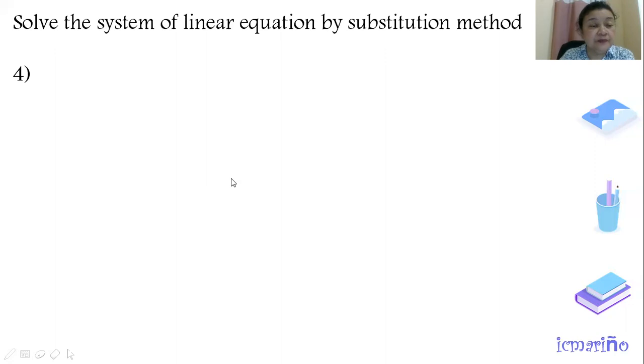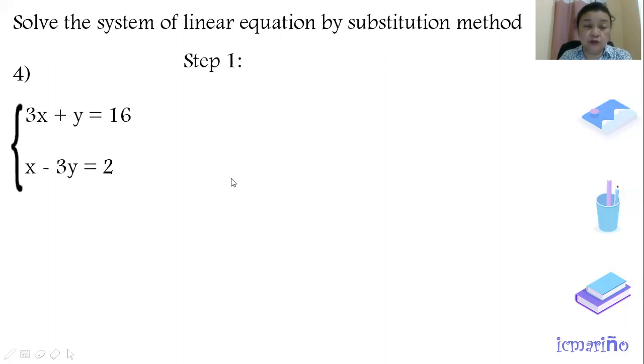Another example. Would you like to try that first? Okay, I will give you time. Try this one. Okay, so we have to rewrite any of this equation, whichever you want.